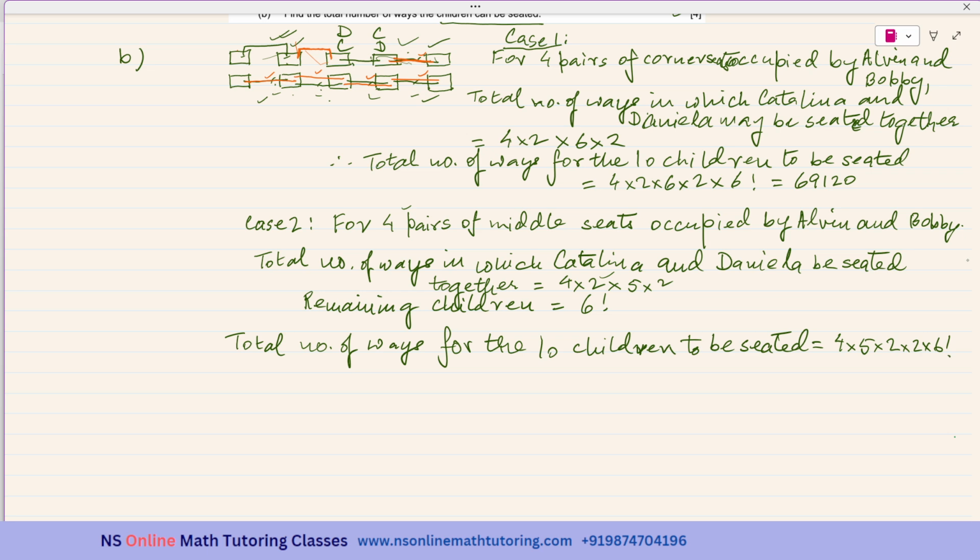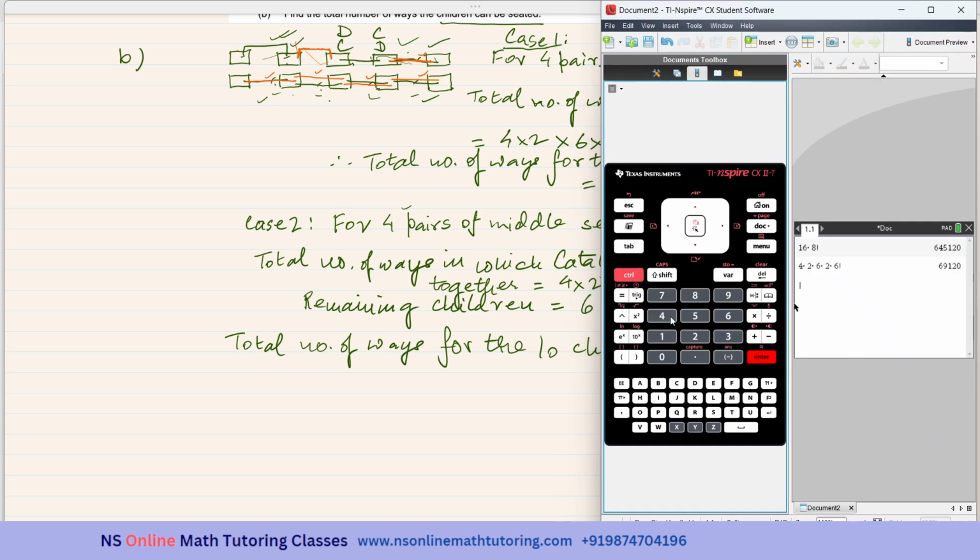Okay, so this is equal to 4 times 2 times 5 times 2 times 6 factorial, 57600.